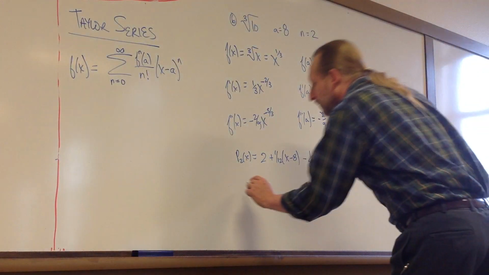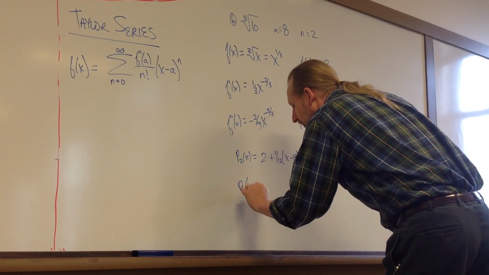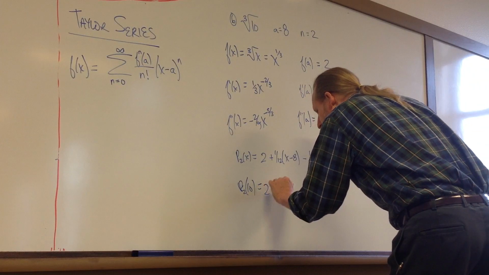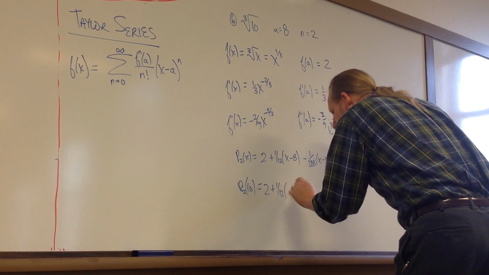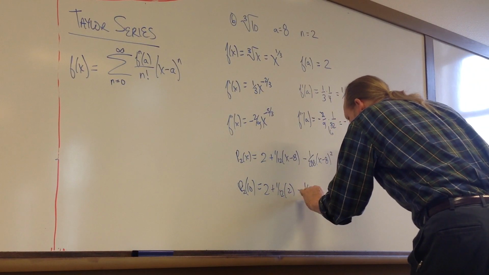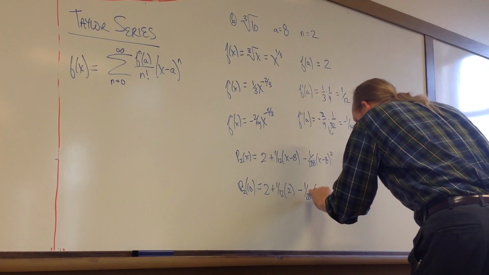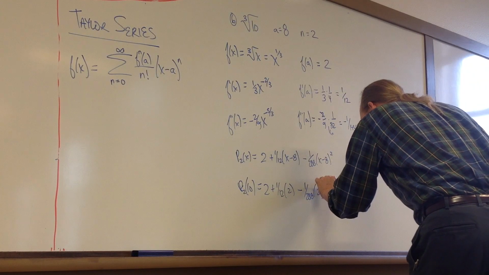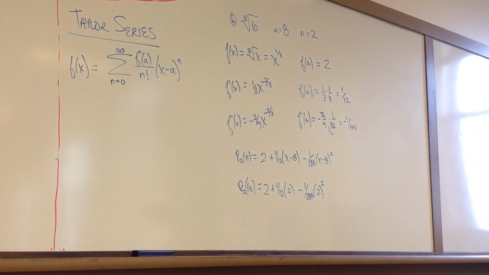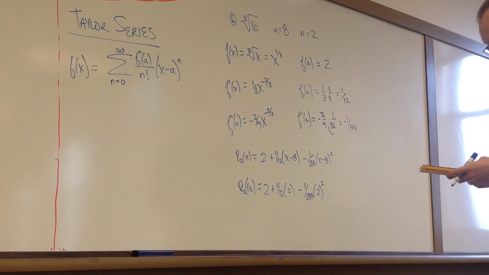All right, so if we want to evaluate this for 10, that'll be 2 plus 1/12 times 10 minus 8, minus 1 over 288 times 10 minus 8 squared. Okay, so let's see here.